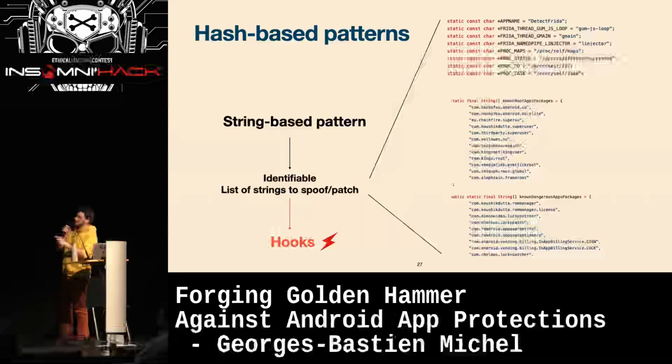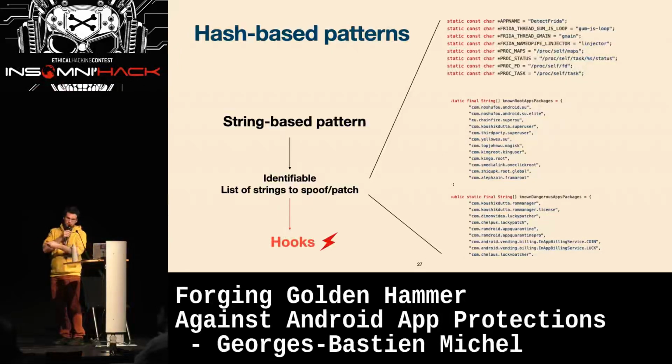Because traditionally, most protection tools search for a file based on a string, or compare an existing file with a string, or a package name with a string, such as RootBeer or even anti-root from DexGuard. So it is very easy for an attacker to gather the list of detection patterns and make a hook which tampers with the value in order to hide such detection patterns.